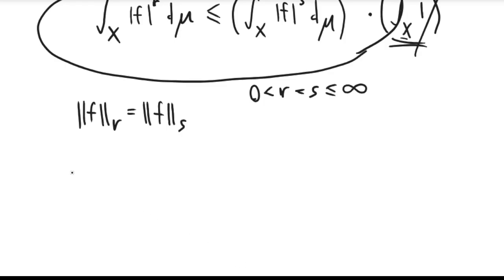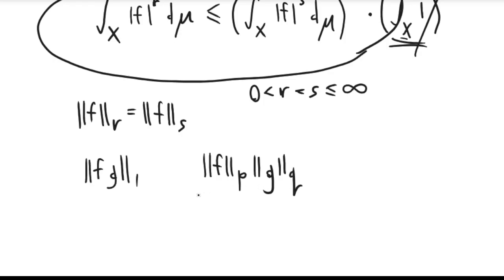To solve this, we want to recall the second part of Holder's inequality. Normally Holder's inequality is an inequality between these two things, with a less than or equal to here.